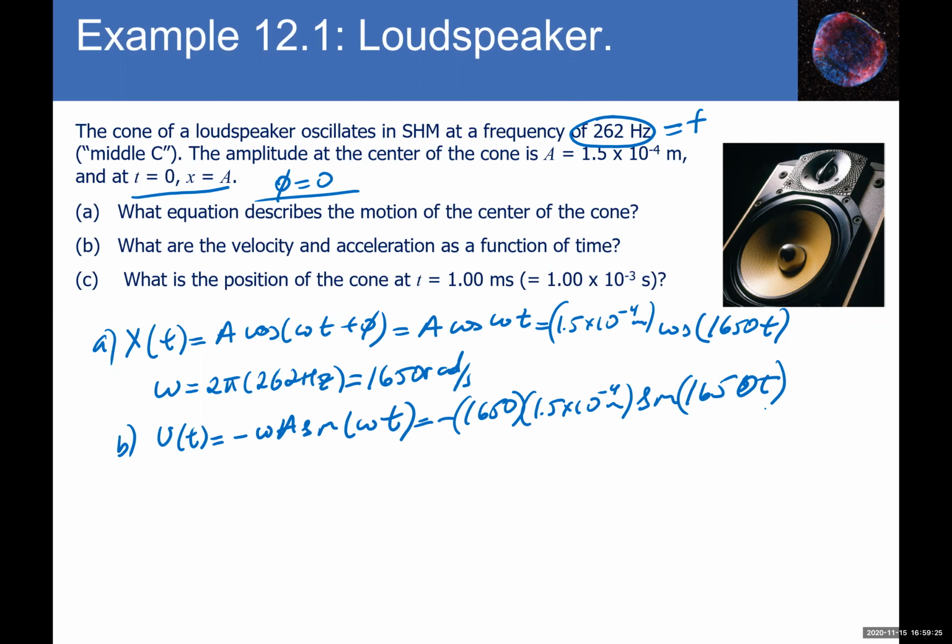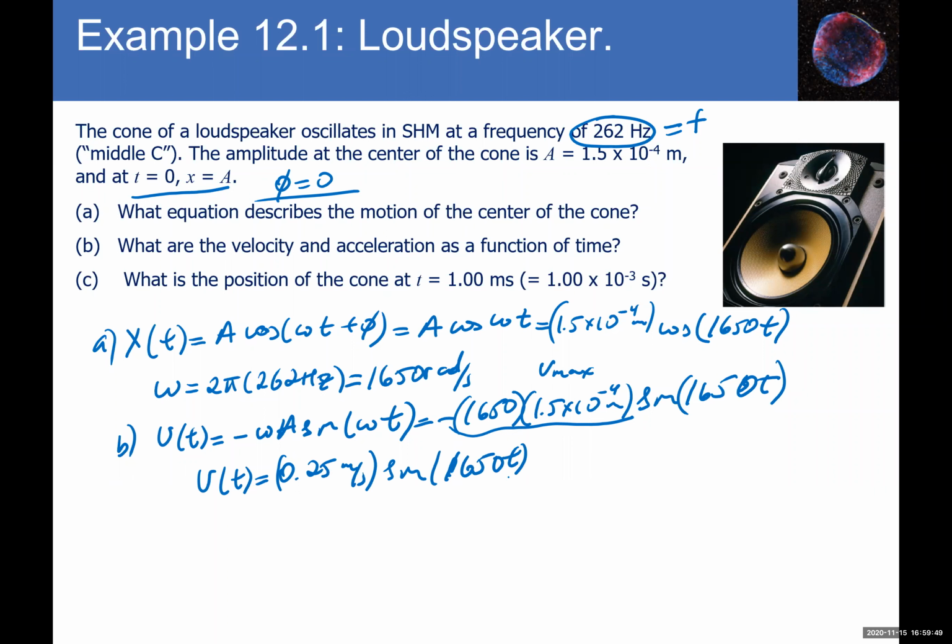I combine omega times A together, which is V max, remember? So it becomes 0.25 meters per second, times sine of 1650 times t.